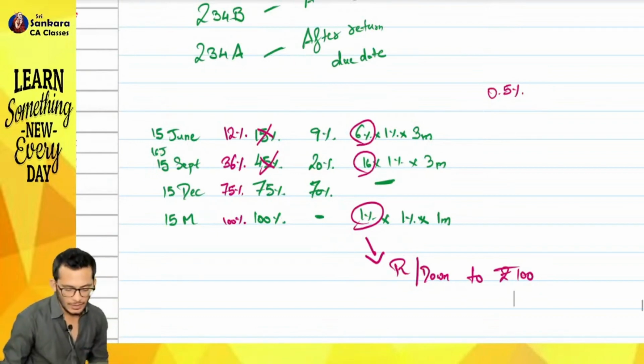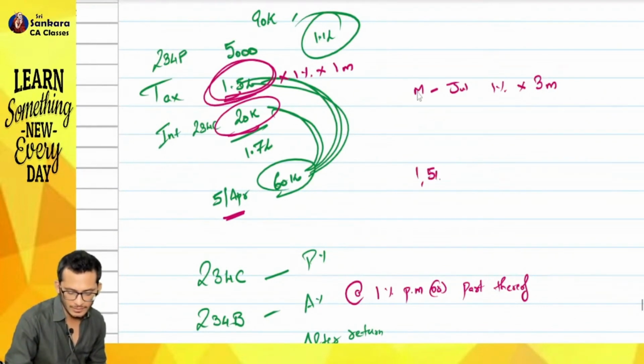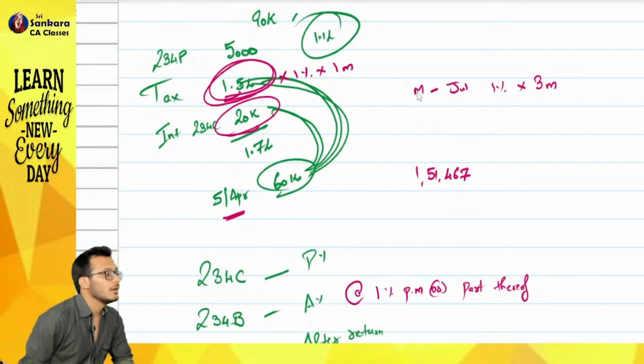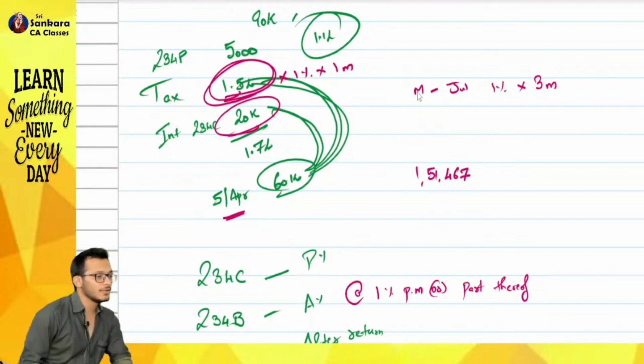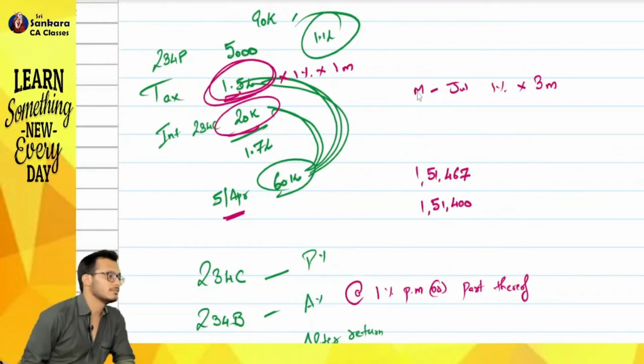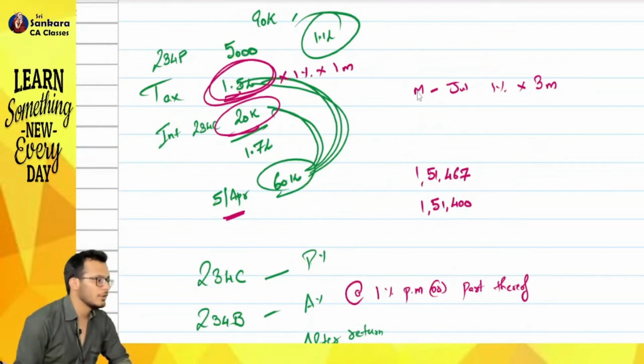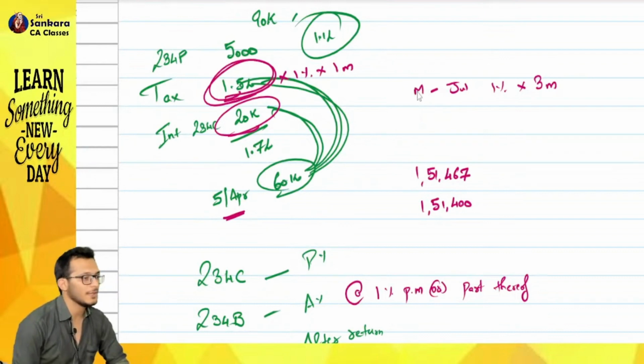Let's say in this scenario the tax was 1,51,467. You will make it 1,51,400. Why? You rounded down. You do not round off. If you round off, it becomes 500. If you round down, it becomes 400.